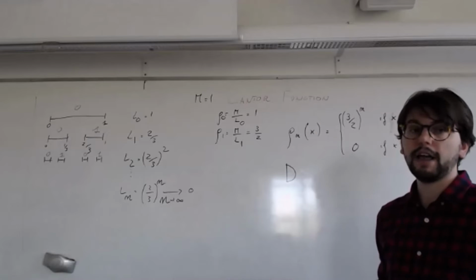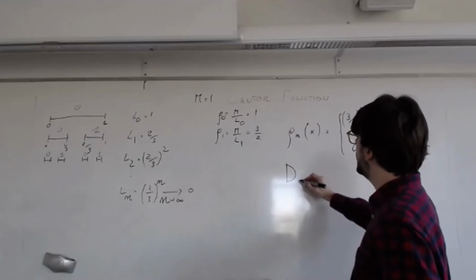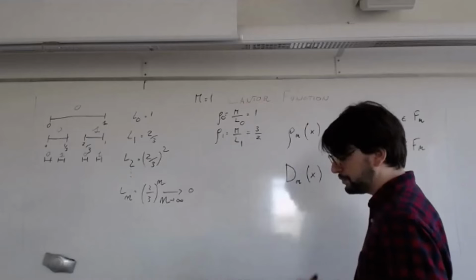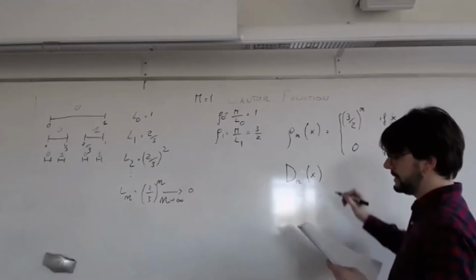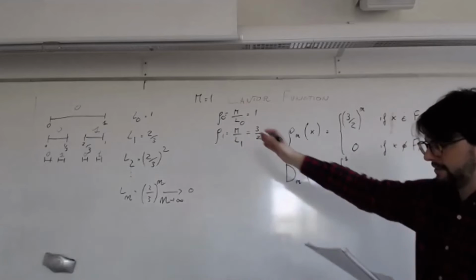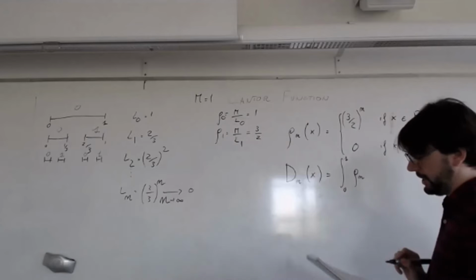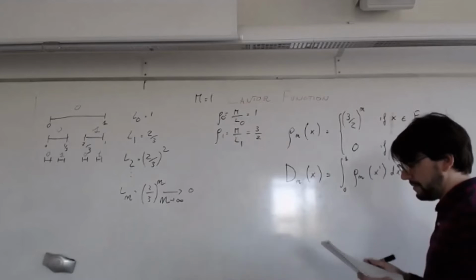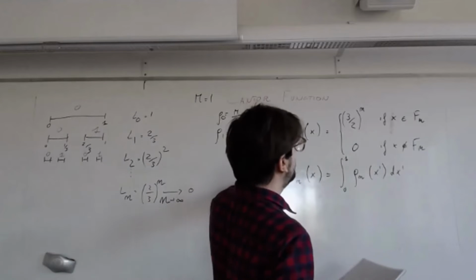Your density will be a distribution, and then you can define a functional distribution in your theory of distributions, defined on this Lebesgue measure of the intervals, as the integral from 0 to 1 of your density for a given iteration n of x prime dx prime. This is a way of defining it.